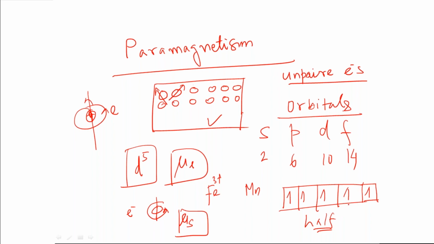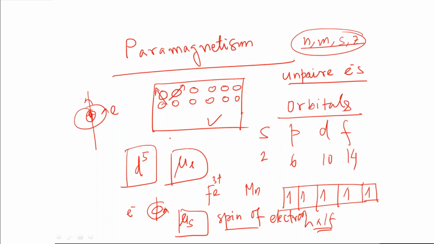In the previous chapter we have learned orbital magnetic moment denoted by mu l. So now in this paramagnet or ferromagnet, the magnetism is arising due to the net dipole moment in an atom due to unpaired electrons, or maybe some complicated reason, which is not so much discussed in your textbook. So this is due to the spin of electrons.